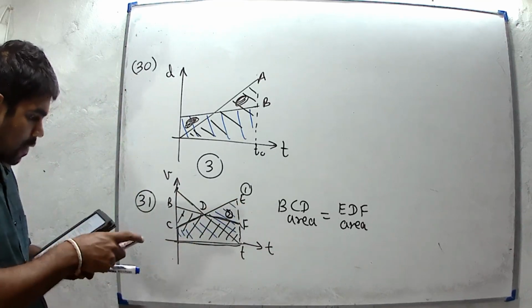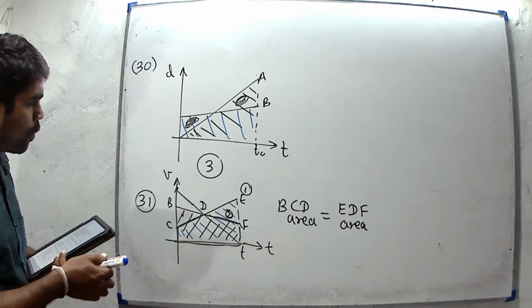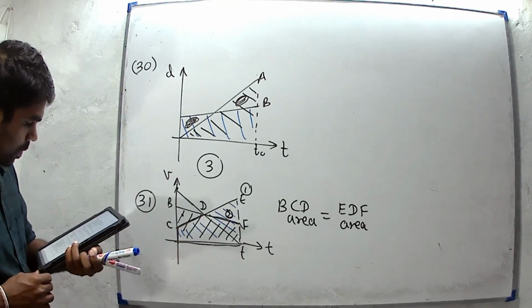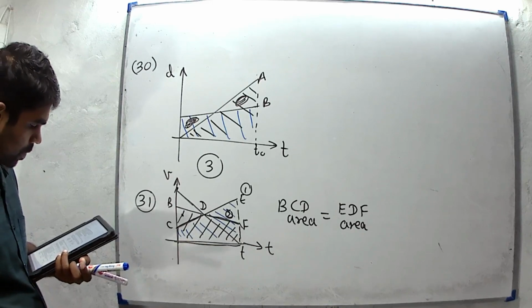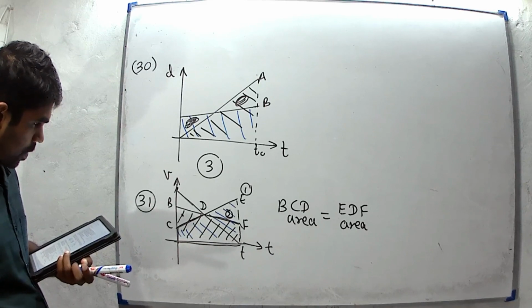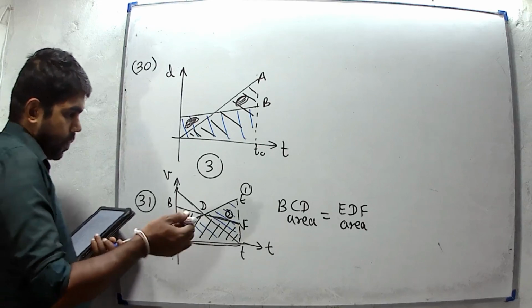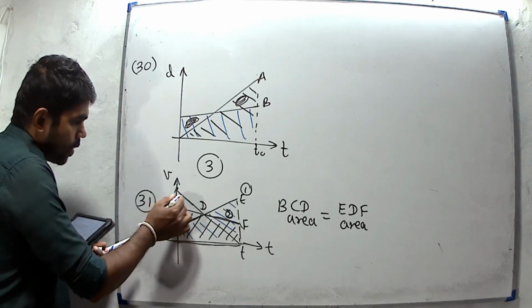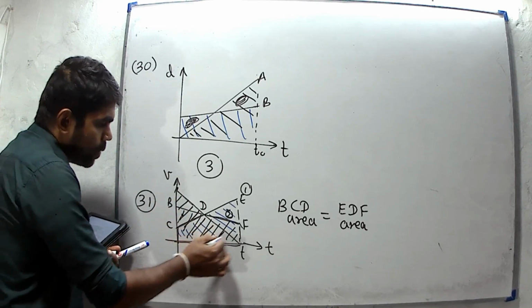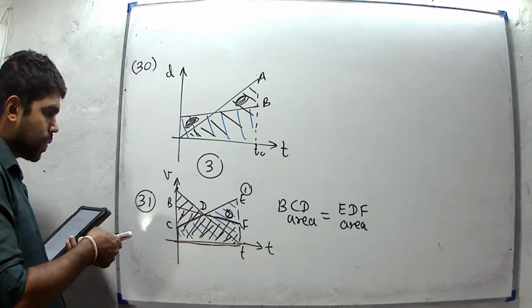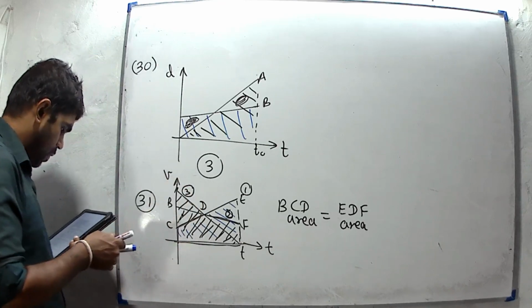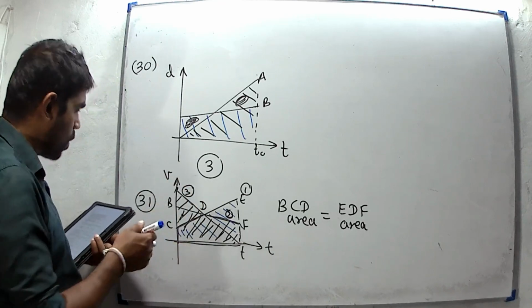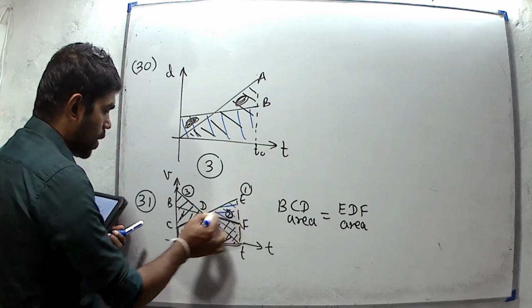And then I will consider the motion of the third object with the second object. The area of this part for the third object should be equal to the area of this part for the first object.